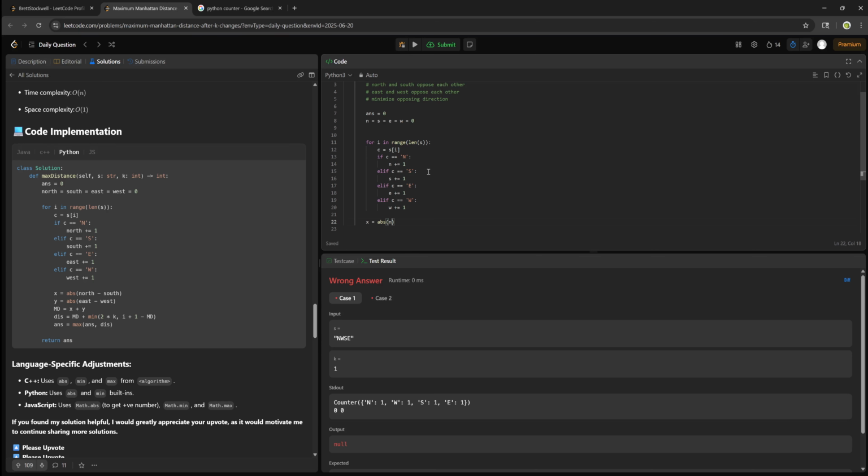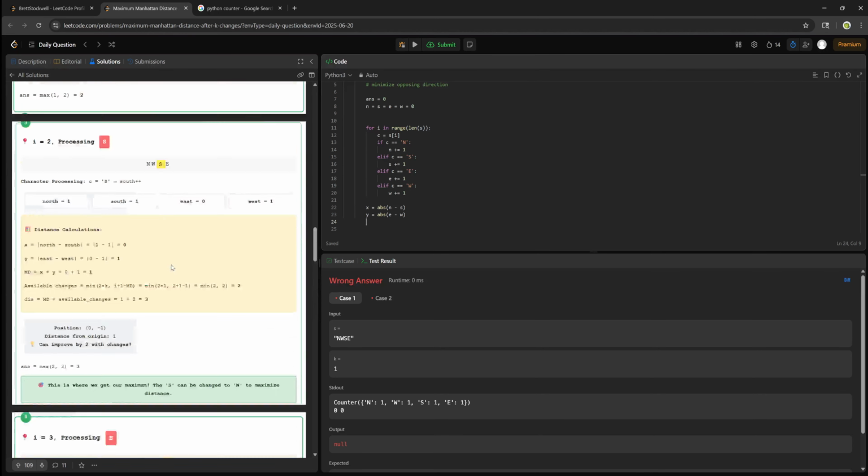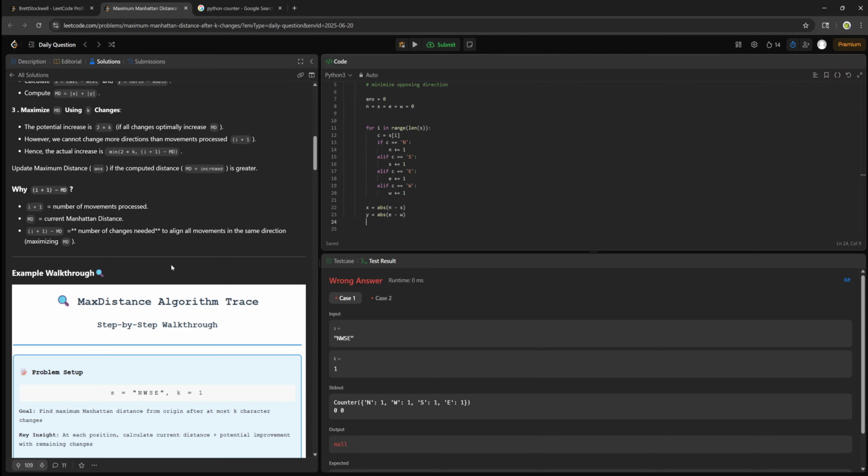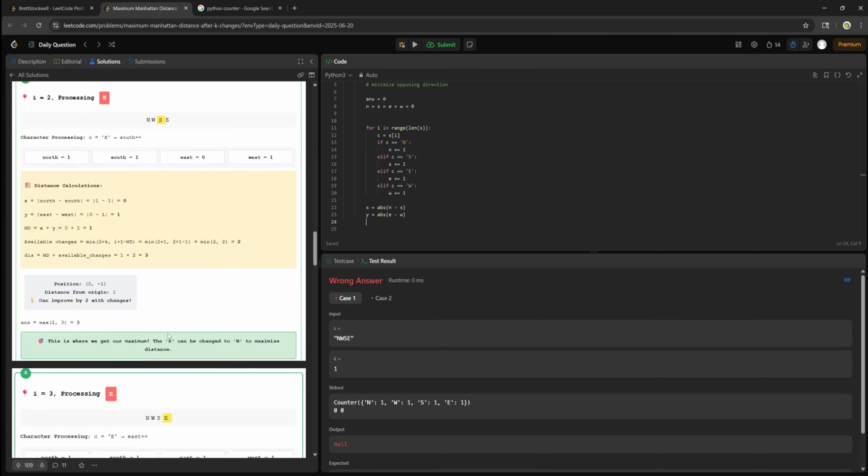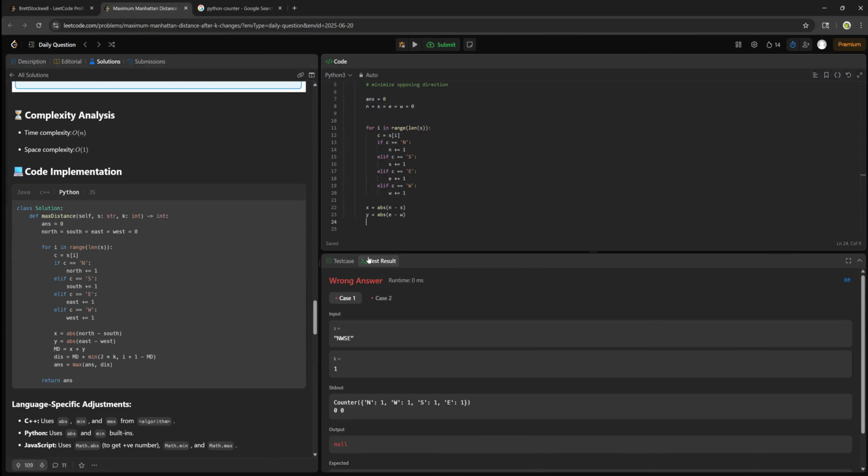x equals absolute value of north minus south. y equals absolute value of east minus west. What is md? Current Manhattan distance. Distance equals x plus y.